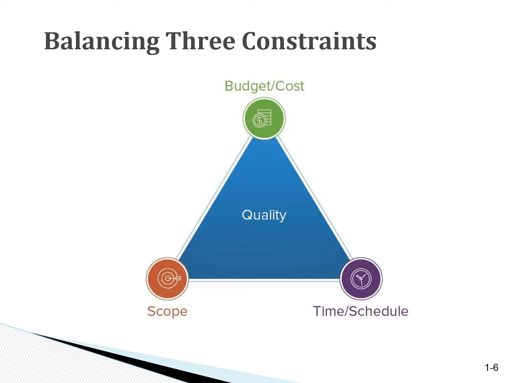If any of these elements, the scope, budget, time, and of course even quality, if they change, then we have lost that balance, and we have touched these triple constraints, and we need to redo and rebalance the project.